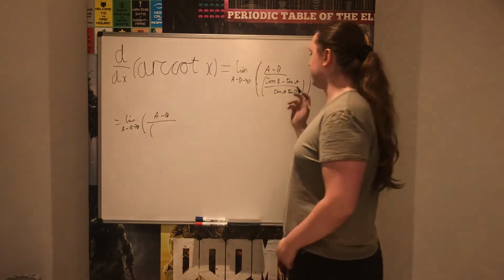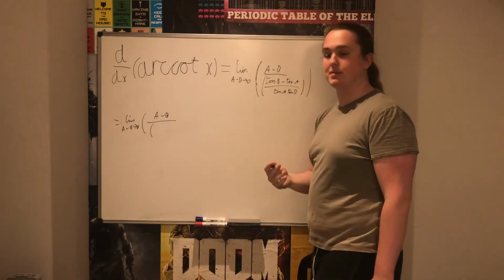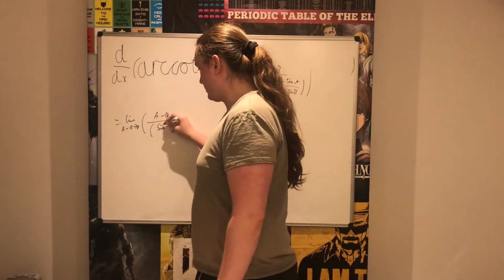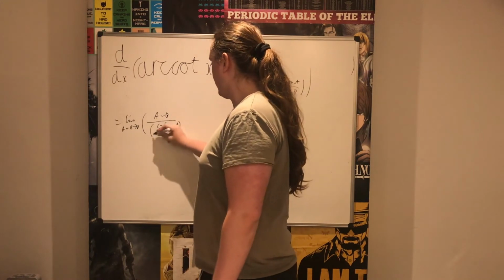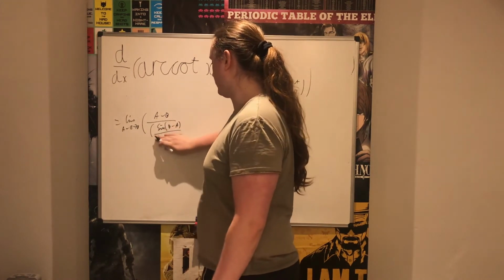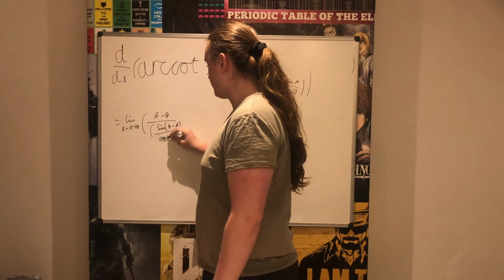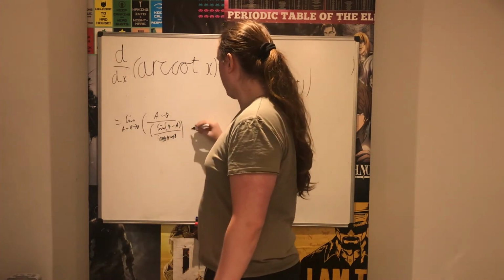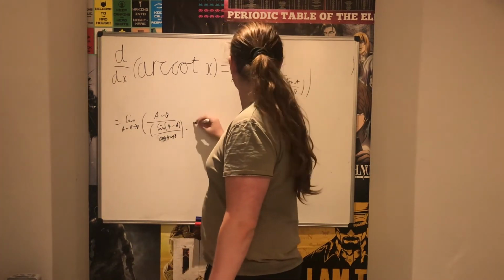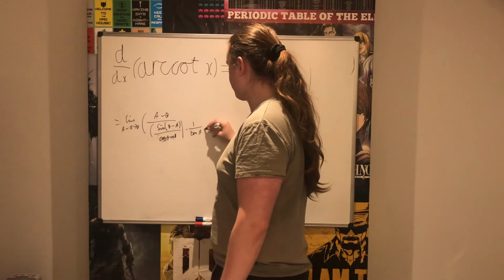Now I proved in a separate video an identity for tan b minus tan a, and that is sine of (b minus a) over cos a cos b, multiplied by 1 over tan a tan b.